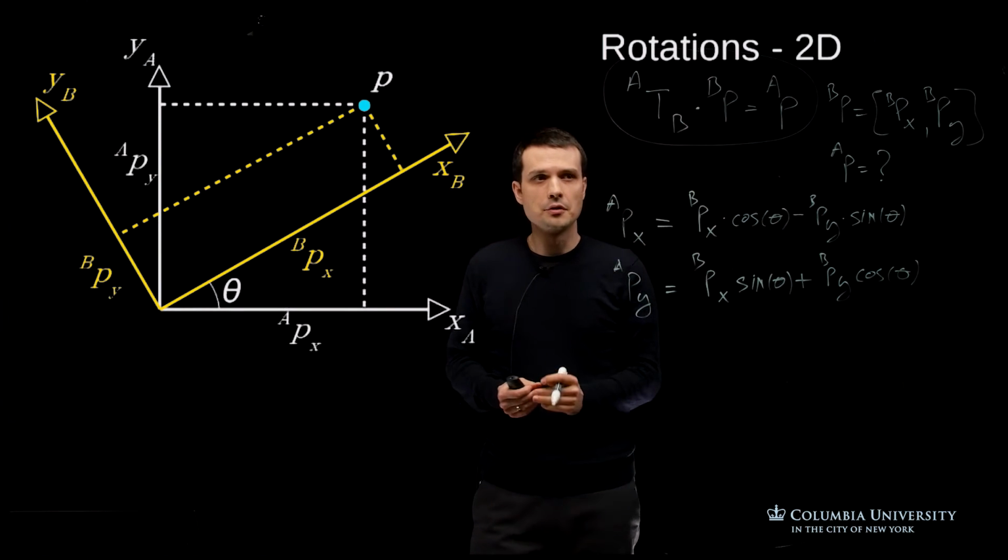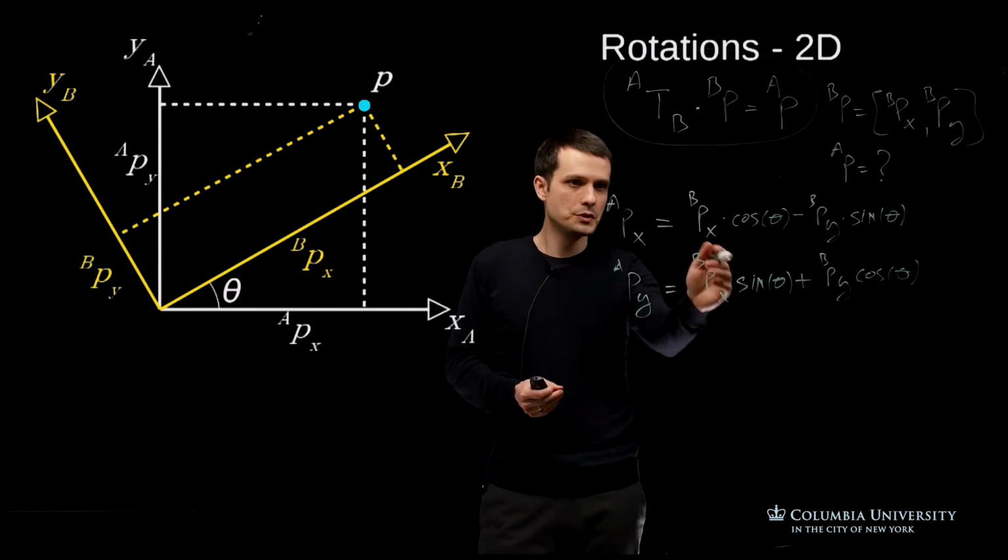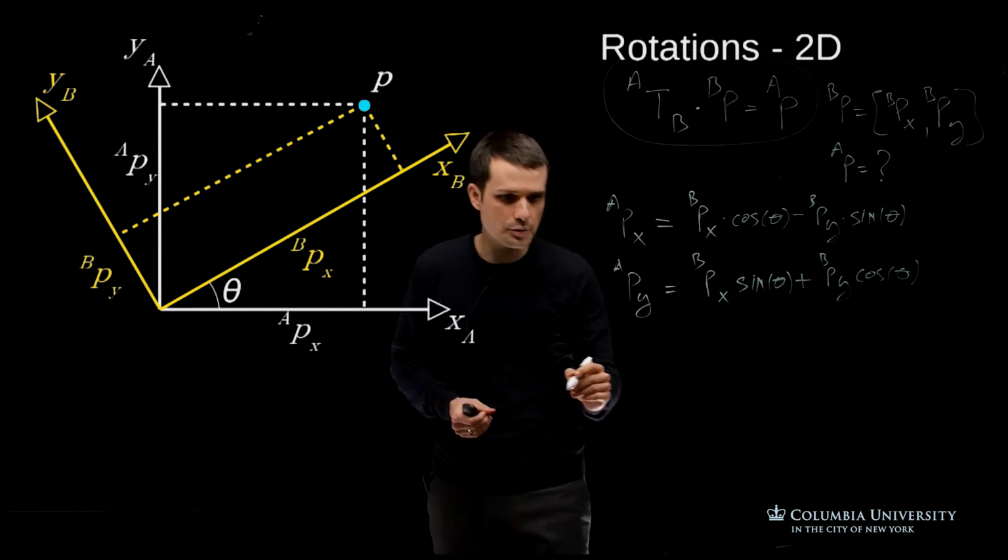Okay, so now that we have derived PAX, PAY, let's rewrite this exact same relationship in matrix form.